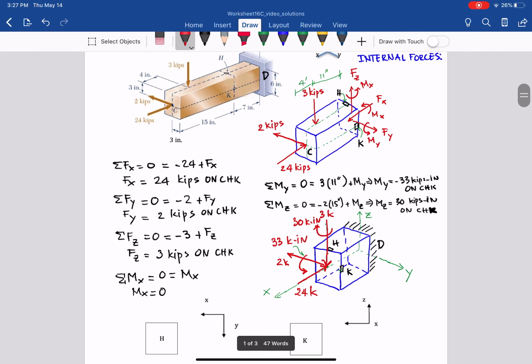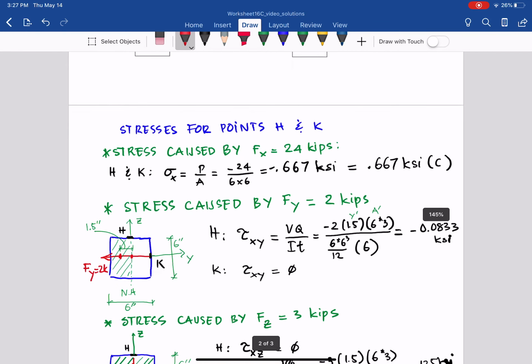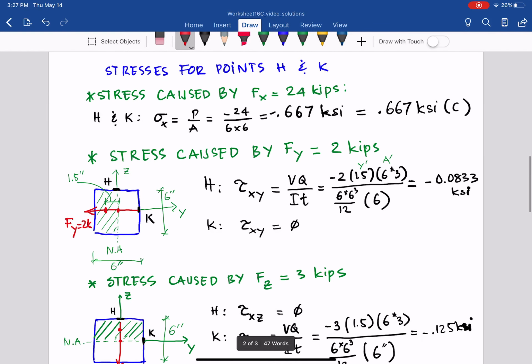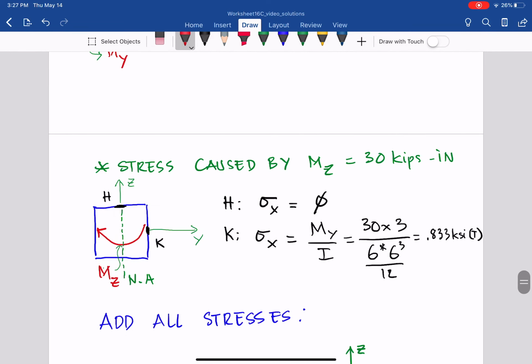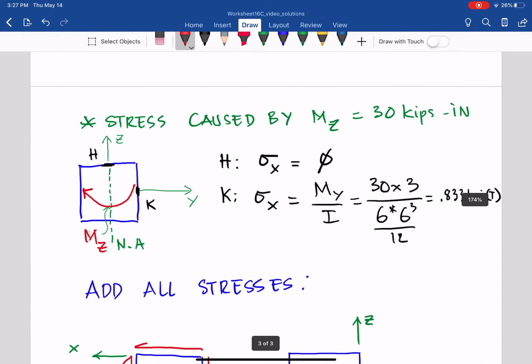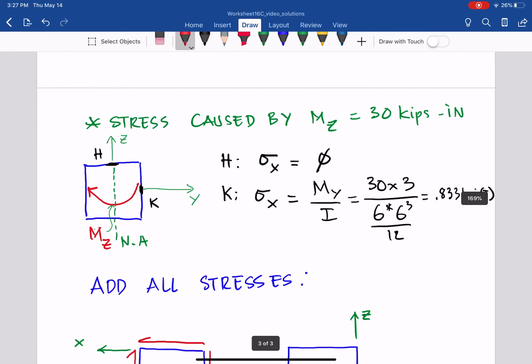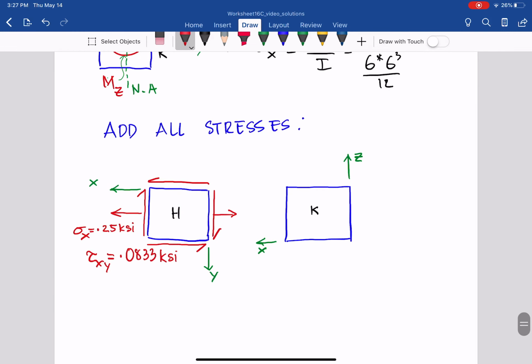That's what you have. And then for K, sigma X: for the first one, negative 0.667, nothing for sigma, and then positive 0.833. So from that we subtract, so we have the sigma X here, and that equals 0.167 KSI.